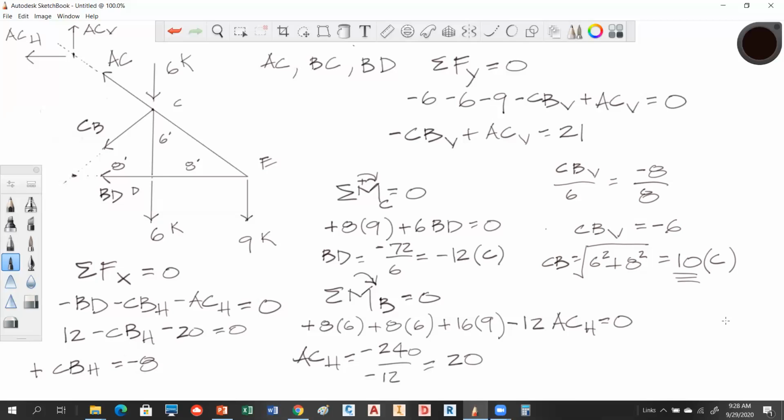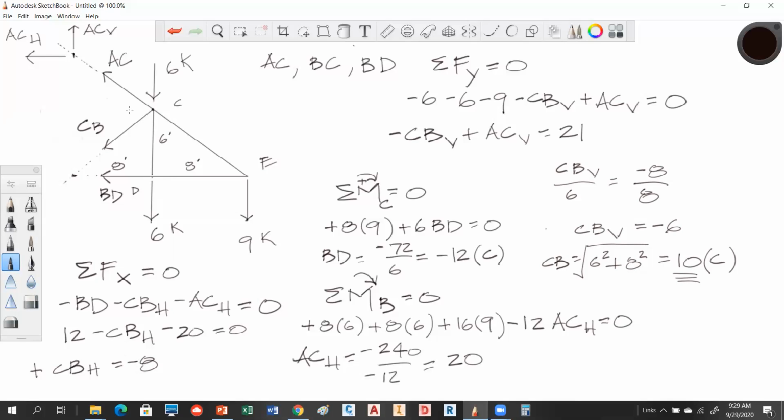You're really just looking at the sum of forces in X, Y, and moments. But sometimes we had to take 2 moments in this problem. Even though we didn't have to deal with reactions, because we had a lot going on here, we had to deal with 2 moments to solve it. So it's a lot of just keeping track. With all of these, probably more so than with joints, you really have to watch your signs.